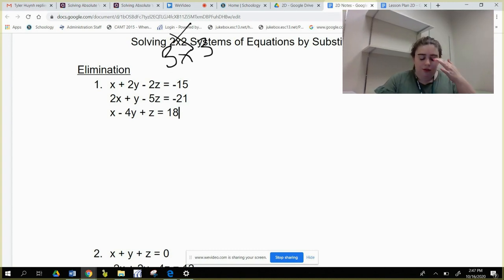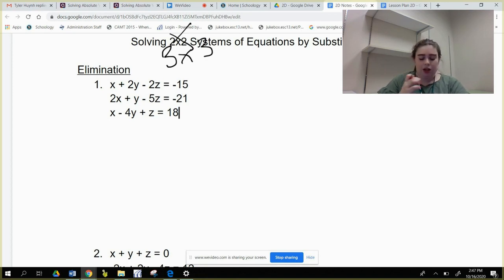So what we're going to do is very similar to how we did elimination with a 2x2 system, okay? We're going to pick two different sets of equations, use elimination on them, so that we can narrow this down to a 2x2 system and solve for the variables, all right? In each one of those sets, you're going to want to eliminate the same variable.